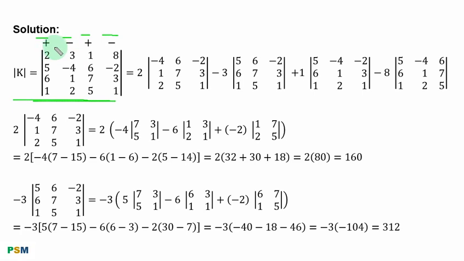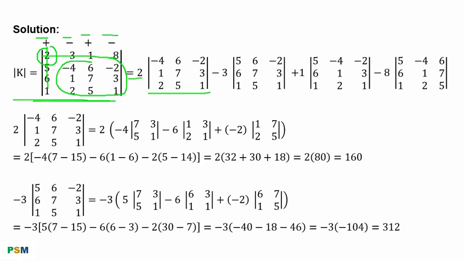In row 1, the first entry is 2. That is plus 2. You record it down. Then you delete or cover row 1, column 1, where that entry is located. You are left with this 3 by 3 minor matrix.